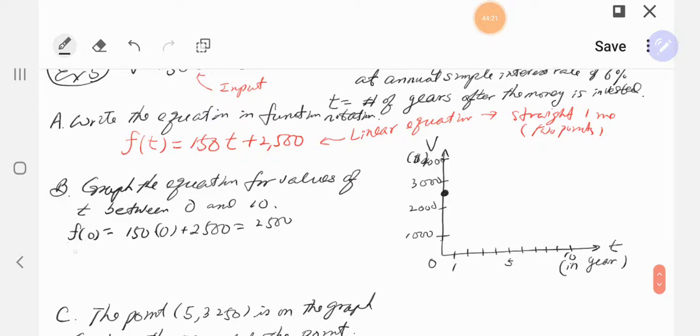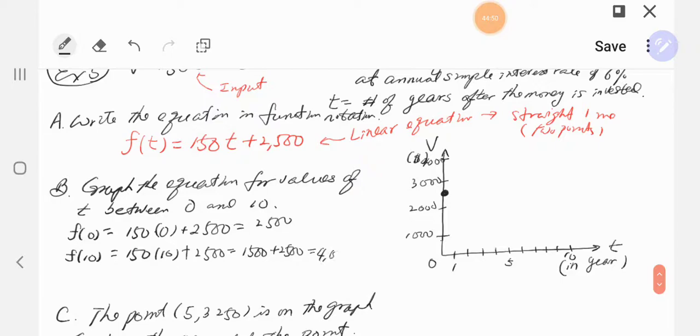And then let's use f of 10. It doesn't matter which value between 0 and 10; we want to find 2 points. 150 times 10 is 1,500, plus 2,500 is equal to 4,000.